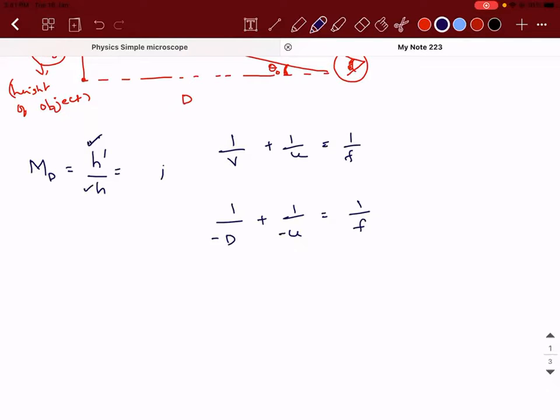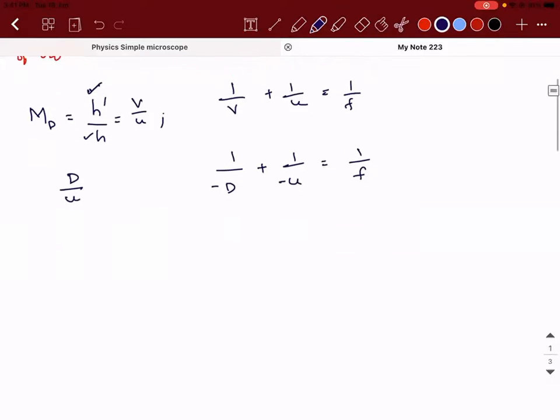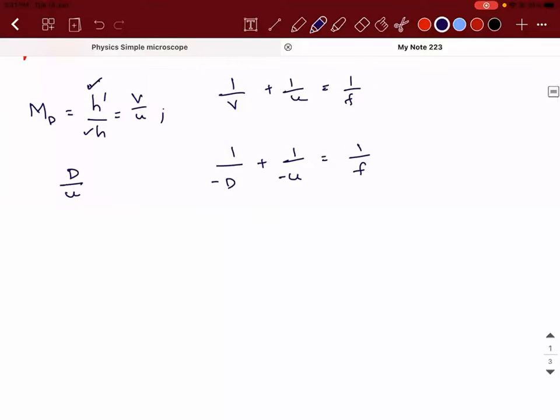Okay, so H dash by H. What is the formula for linear magnification of a lens in terms of V and U? V by U. Yes. So it is going to be V divided by U. So in this case, what is V? It is the least distance of distinct vision divided by U. Okay. So having this in mind, observe.